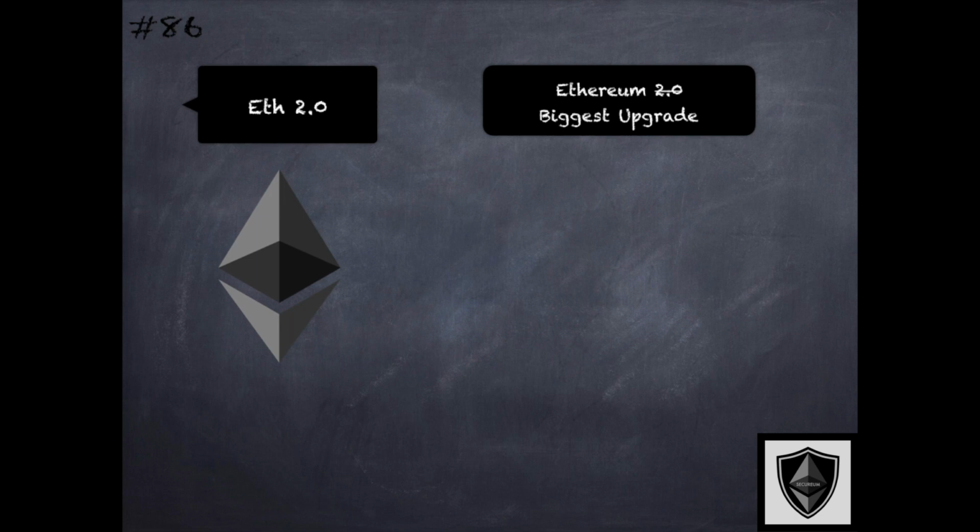So Ethereum 2.0 is really a set of interconnected upgrades to the existing Ethereum that's being made. And the reason why it has been referred to as ETH 2.0 is because this is perhaps the biggest set of upgrades that are being made to the Ethereum protocol since it started several years ago.